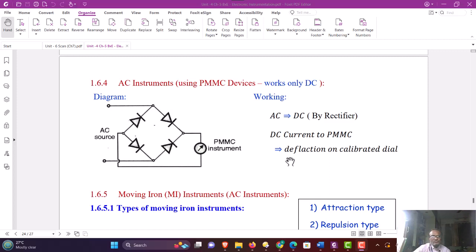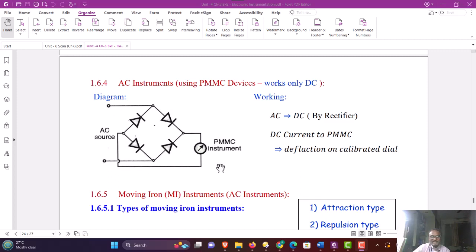Then how to solve the problem? Simply to measure the AC quantity, first convert it to DC, and we know the converted DC value is proportional to the AC RMS value, and therefore it can be simply done by connecting a bridge rectifier in series with the input source.